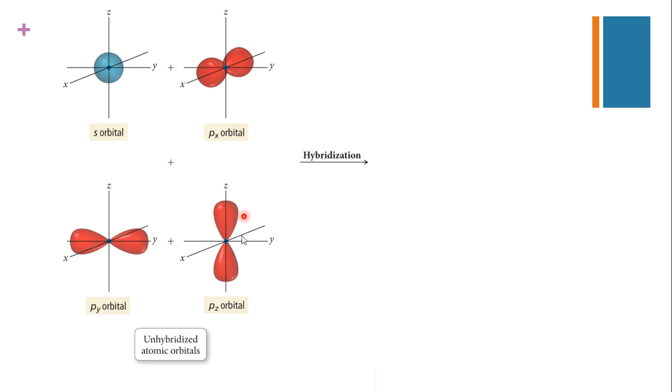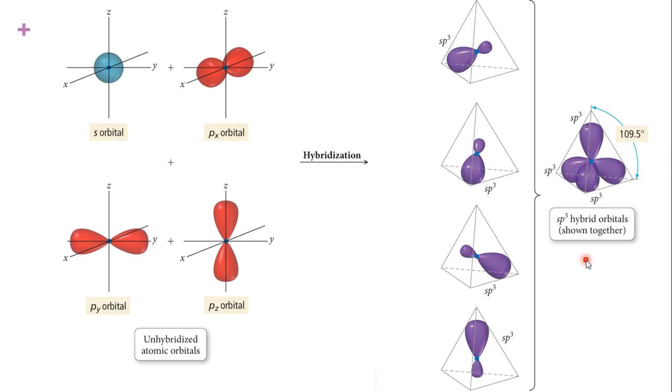So remember, one of them's up and down, one of them's left and right, one of them's coming out of the screen and going back into the screen. So we're going to take all 4 of these and smash them all together, and we're going to get 4 identical orbitals out. Put 4 in, get 4 out. So these are the 4 orbitals that we get out. Notice they're all identical. Big lobe, little lobe, big lobe, little lobe, big lobe, little lobe.